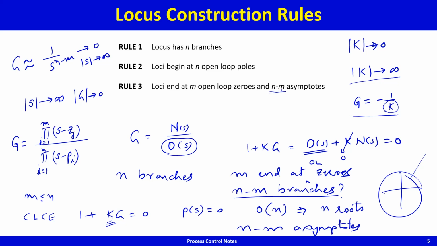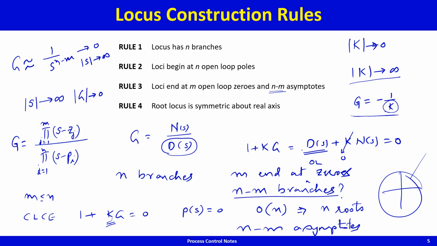And the last thing that I wanted to tell you on this slide was that the root locus is symmetric about the real axis. Why is it symmetric about the real axis? It is symmetric because the coefficients of n and d, the polynomials in s, are all real, and you can get real polynomials if and only if the factors occur in complex conjugate pairs.